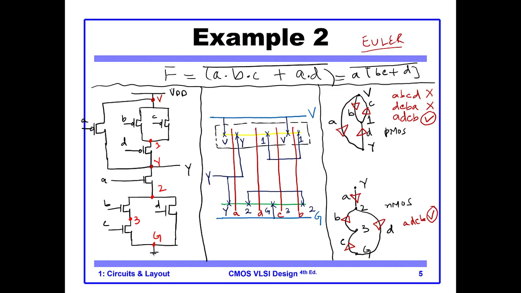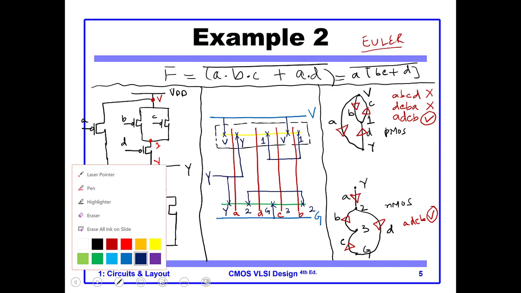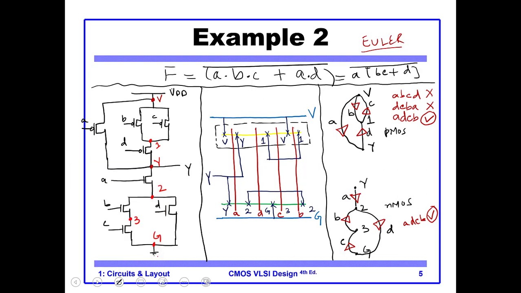Now the next thing we want to do is estimate the area of this one. Let me use, for example, this color. For the horizontal one, I can do it with the NMOS and the PMOS. Which one should I select? The one with the maximum number of terminals.